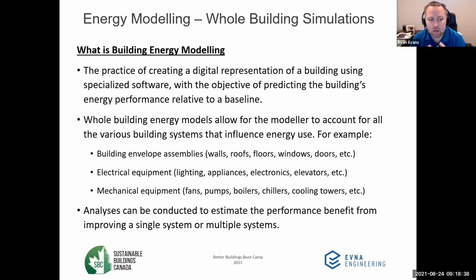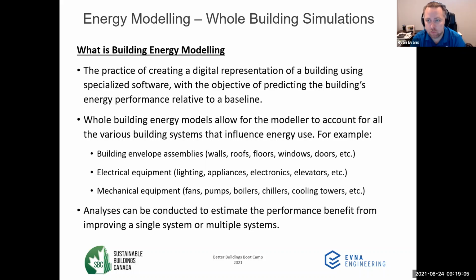And then there's the mechanical equipment, which is meant for the conditioning of the environment. So it's the equipment used for heating, the equipment used for cooling, the fans for circulating air throughout the building, and the various components that make up each one of those systems. For example, a boiler is used to heat water that circulates for space heating.